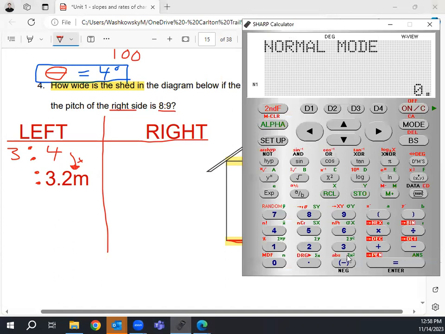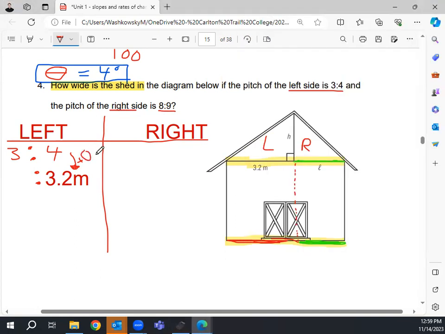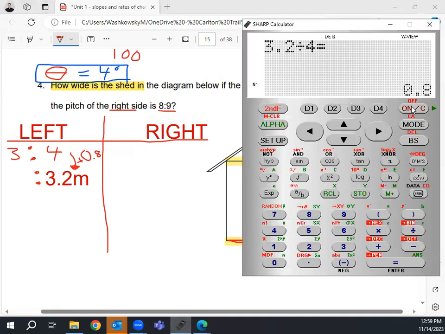Do you remember how I figured that out? I would figure out how many times 4 fits in here. So if I take 4 times 0.8, it's going to give me 3.2. Which means if I take 3 times 0.8, it should also give me that. And right away, I can see that the answer is 2.4.